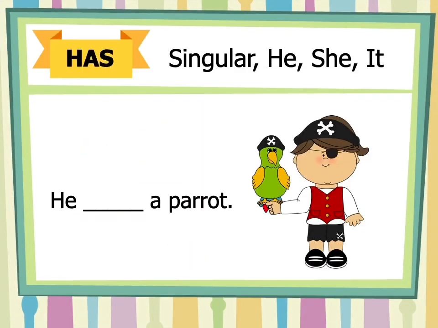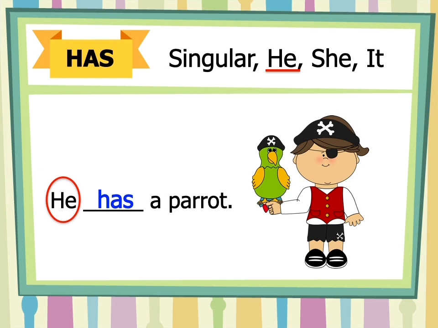Now let us write the rule on the top and see some examples. He dash a parrot. Here we can see he in the sentence. Let us see the rule box. He is there. So with he we will write has.